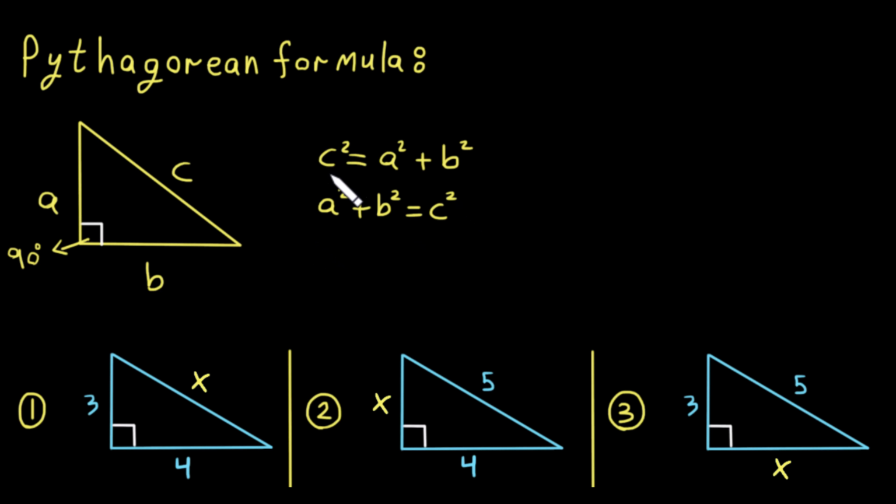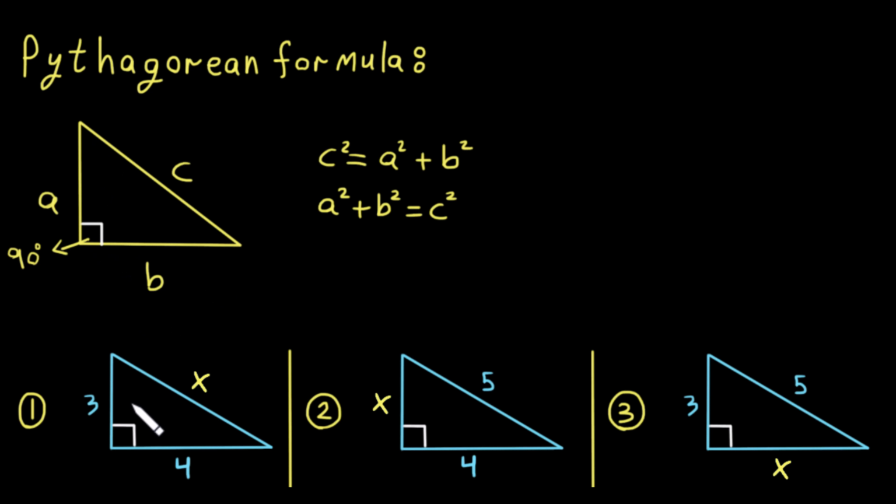Here, this c is called the hypotenuse, which is the side opposite the 90 degrees angle, and it's always the longest side. The other two sides here, a and b, are called the legs of the right triangle.